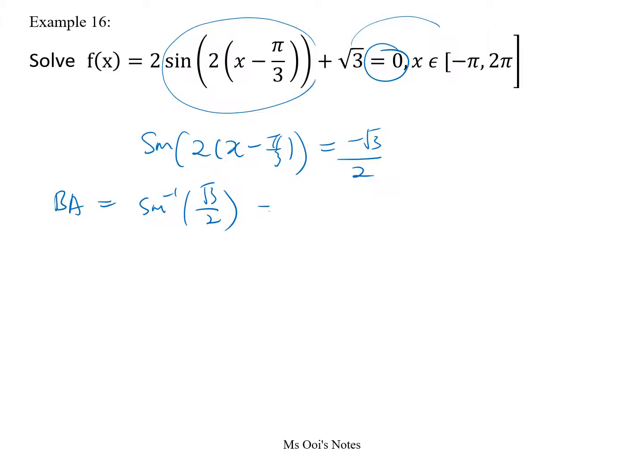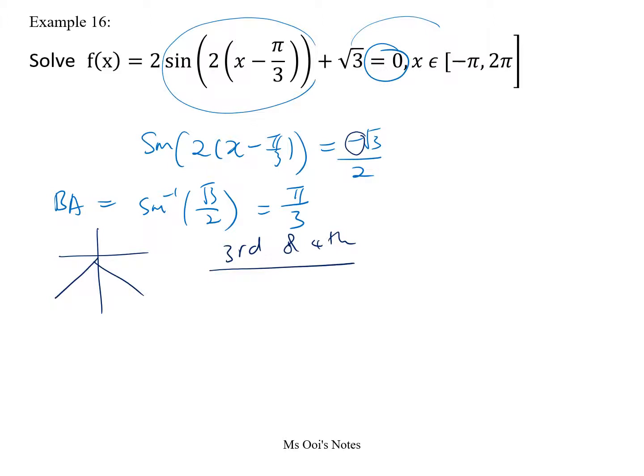What would that be? Inverse sine of root 3 on 2, which is equal to pi over 3. Next, take into consideration that it is negative that we are interested in. So think of which quadrants will be our solution. So it's in the third and the fourth quadrant.